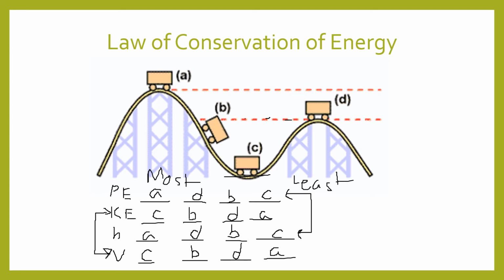I need you to see the interconnectedness of these variables and understand conceptually how the energies can change in a situation. Your work this week is going to be conceptual, where you're going to have to answer logical questions about what you see in terms of potential energy, kinetic energy, height, and velocity.